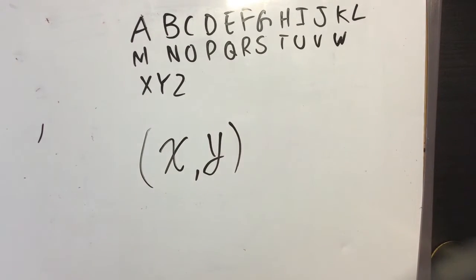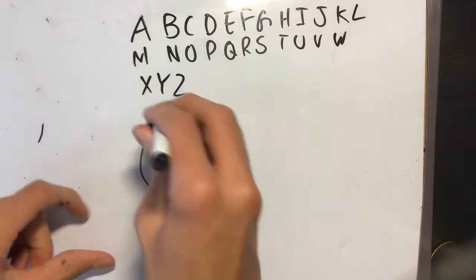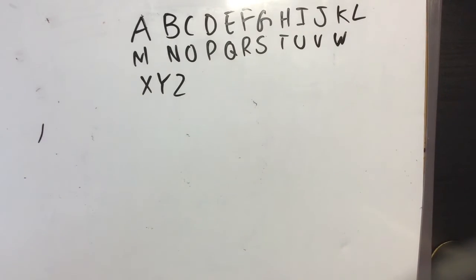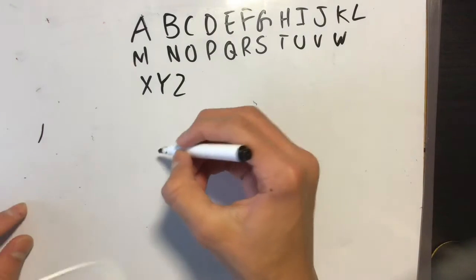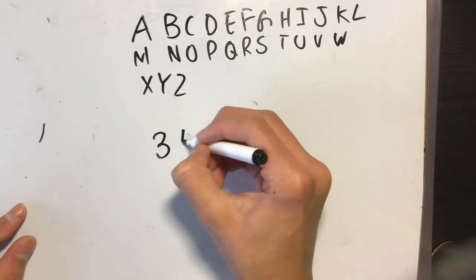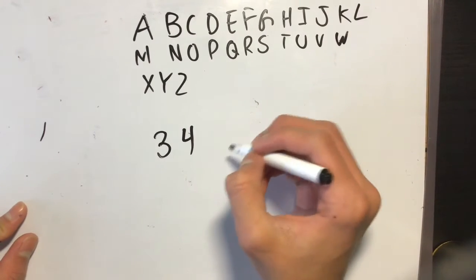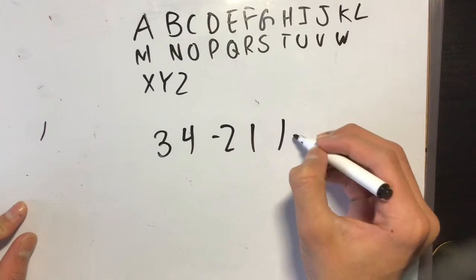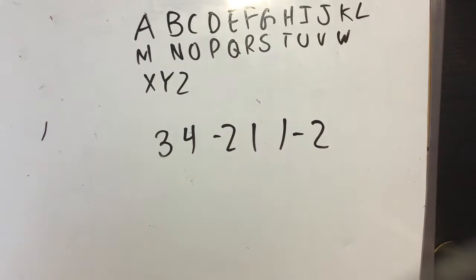Now you may be wondering why there are brackets and a comma. It's pretty simple. If you had a long list of coordinates, for example, 3, 4, -2, 1, 1, -2, etc., this would be really confusing to look at.